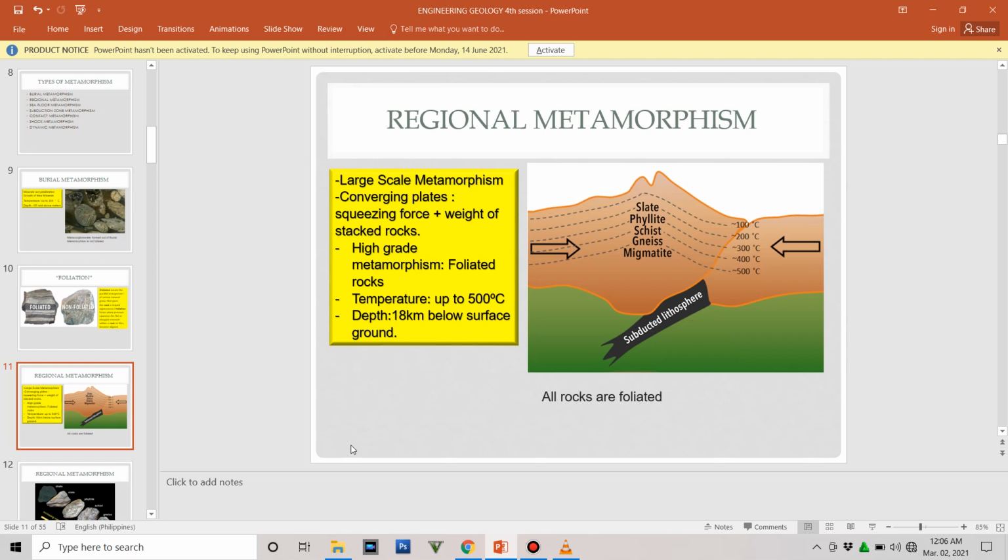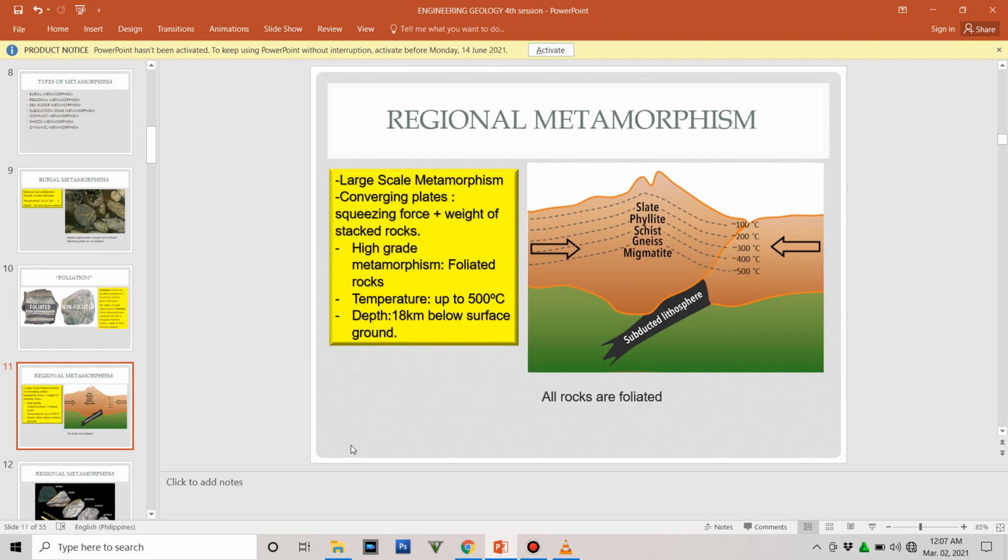With the average increase in temperature with respect to depth, as we go deeper, it would increase at around 30 degrees Celsius per kilometer of depth.